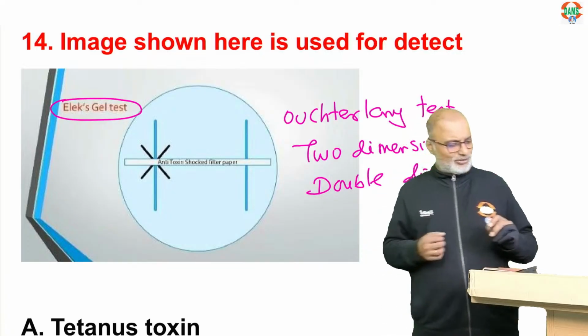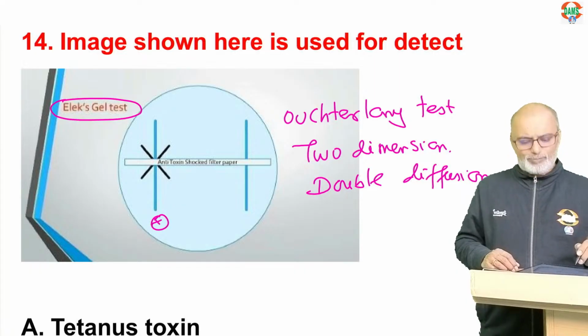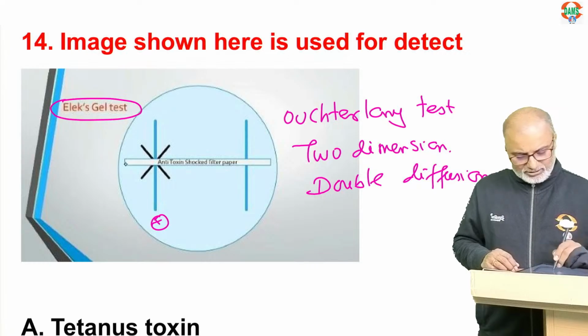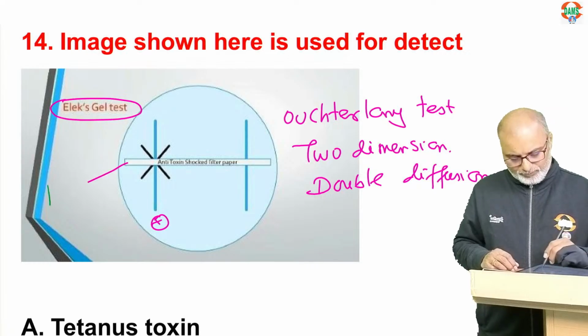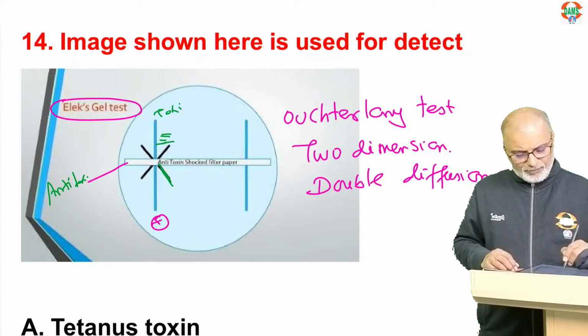So what do they use? See carefully. It is a positive strain. It produces toxin. This is antitoxin. This is toxin. Toxin spreads like this. Already antitoxin is in the gel. So they form a line like this, where they meet at optimum concentration.